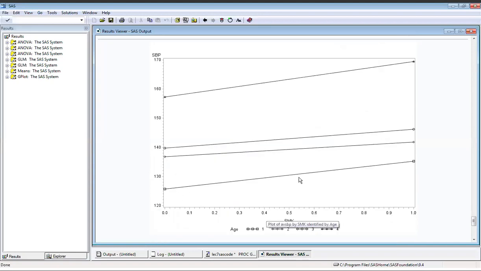The bottom one is age group 1 with the square, and the second from the bottom is age group 2 with a diamond. And this is age group 3 with a circle, and the top one is age group 4 with a star. And you can basically see there's a strong trend for systolic blood pressure as individuals become older and older. Their expected value for systolic blood pressure is higher and higher.